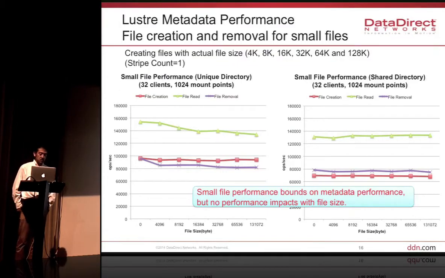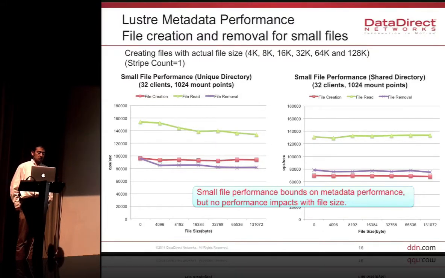However, we didn't see much performance drop by file size. We see the same performance with the 0-byte file and 128K bytes. So there is not much performance drop, which is good.